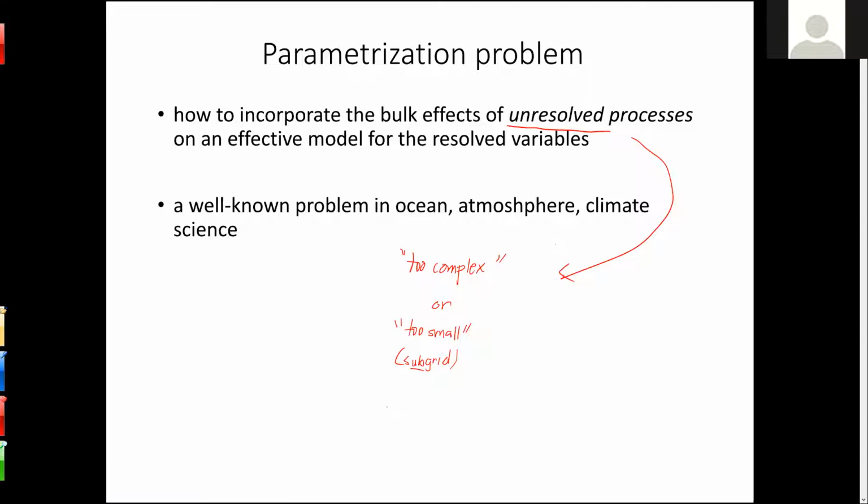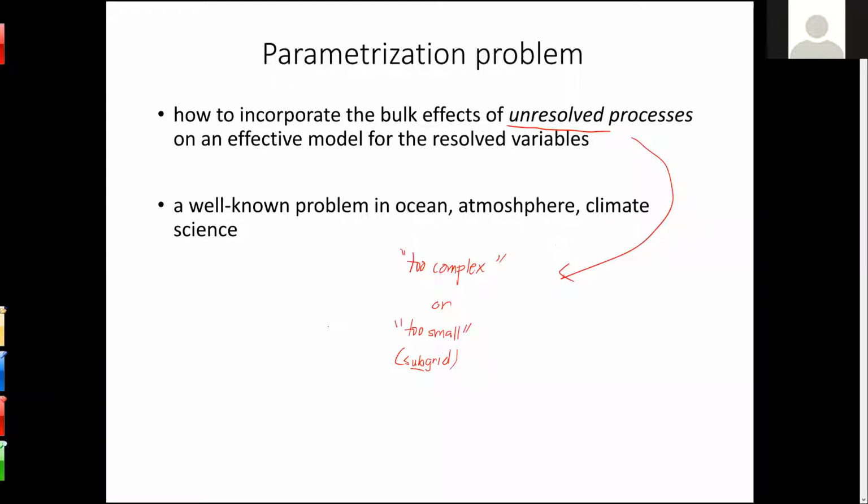So they are too small relative to the spatial scale in which we formulate our model. So instead of decreasing the spatial scale or increasing the resolution of our model, we want to just incorporate their effects and not represent them explicitly.